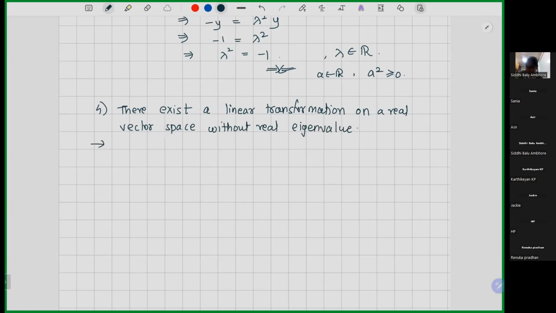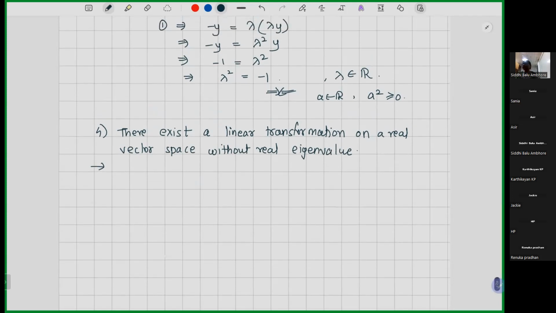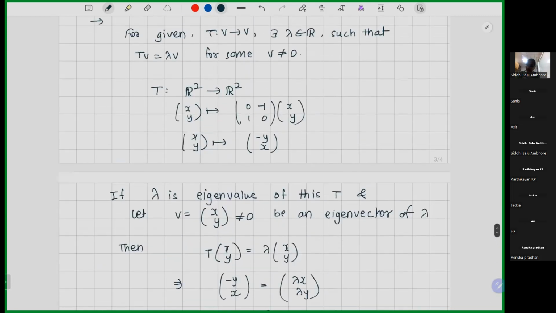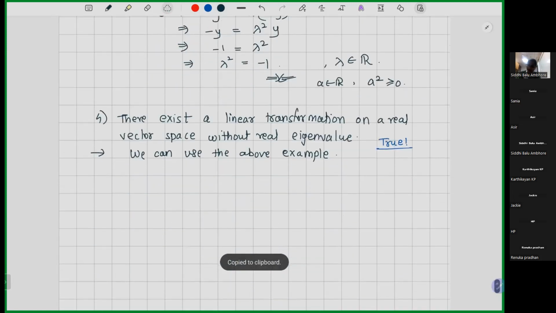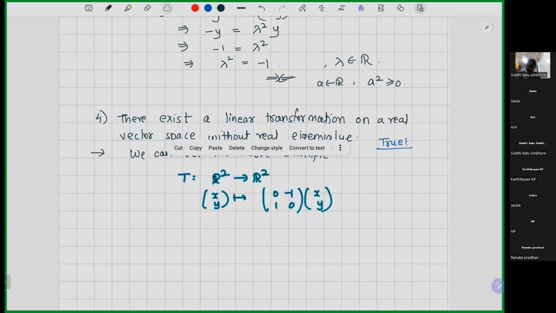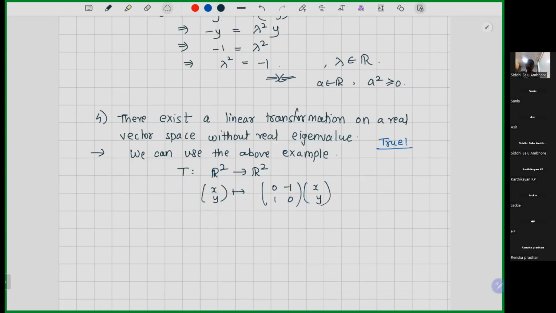Okay, and this is true, right? Because we just saw above, we can use the above example for this, and we can see that this linear transformation, this T here, does not have any real eigenvalue.